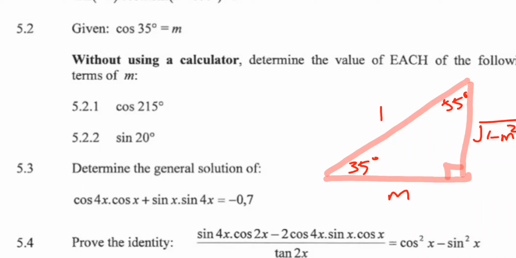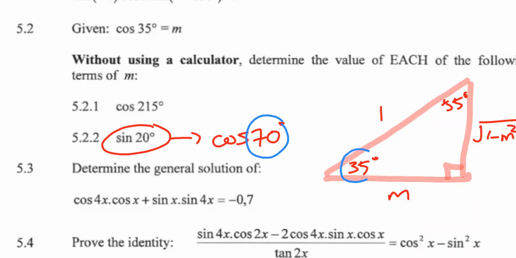Oh, that's so clever. Okay. So you are changing sine 20 degrees into a co-function. So that becomes cos of 70 degrees. And then you are saying, since 70 degrees is twice as big as 35, we then can use a double angle. That's correct, a double angle for cos.